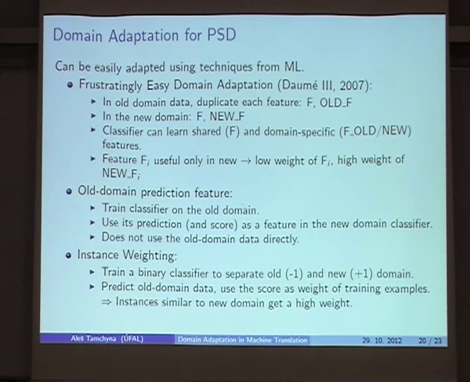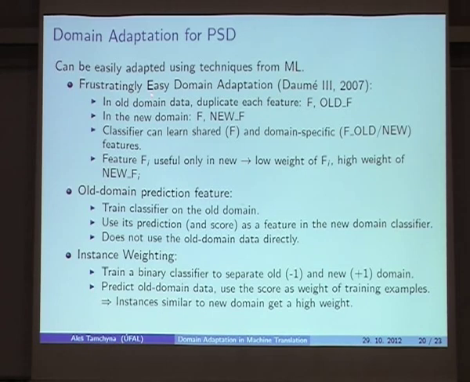Okay, domain adaptation. So this is what it's all about. I think, at least for me, this was the main idea behind the workshop: develop PSD, integrate it in the decoder, and then use domain adaptation techniques from machine learning to improve domain adaptation. So we looked at 3 different adaptation techniques. One is really frustratingly easy.